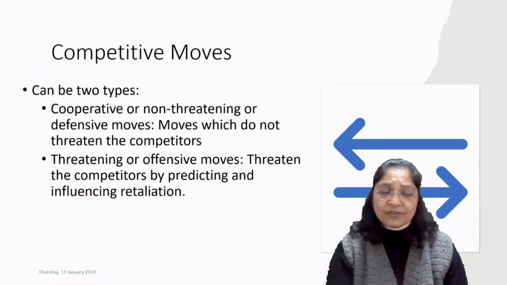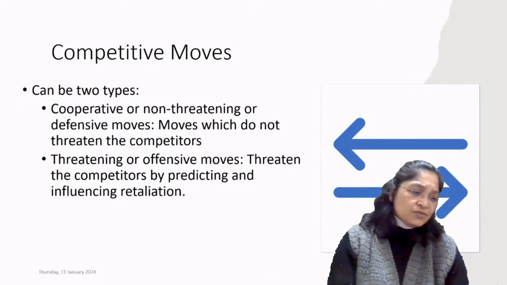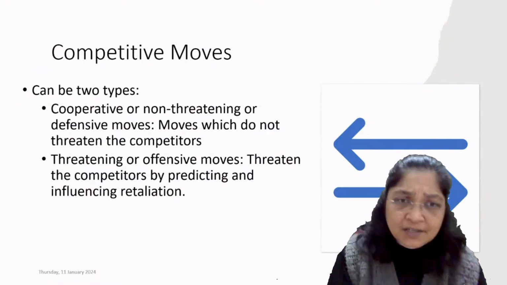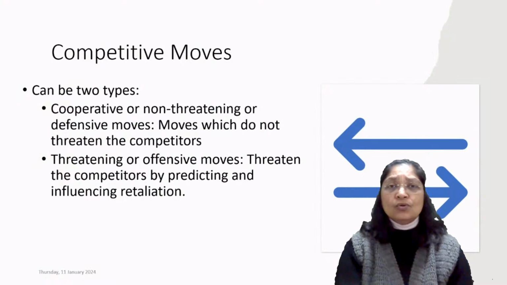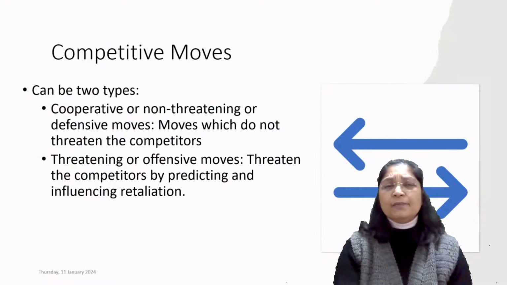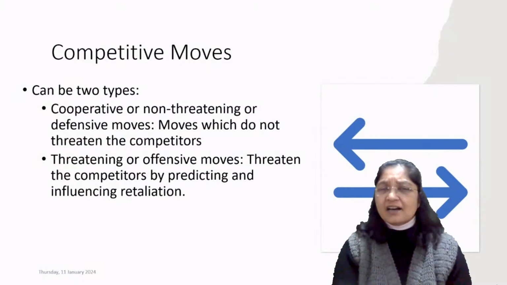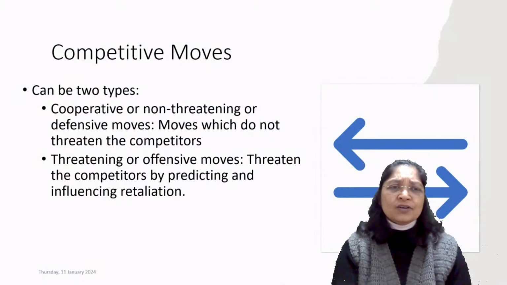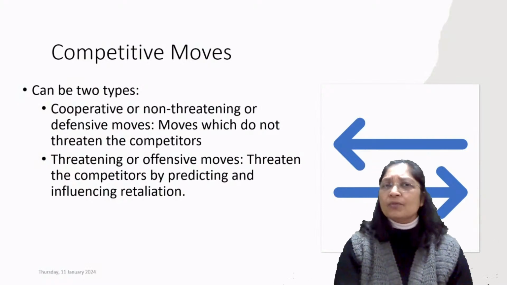That is, we are trying to develop products and services which would help the organization to grow, but at the same time it will not allow others to perish. So it will be a kind of mutual coexistence. The other companies are also there, we are also there, and we call this competitive move cooperative or non-threatening.